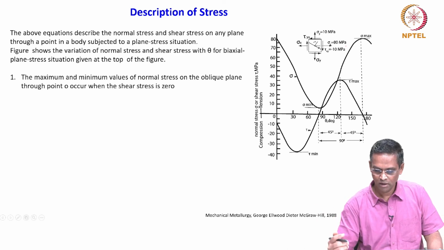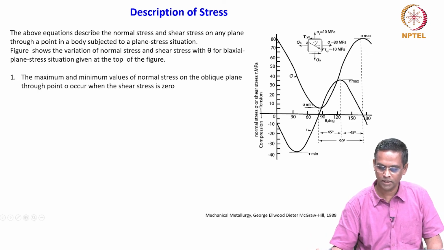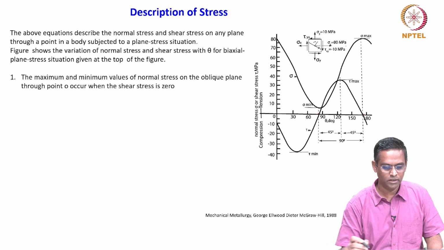What does it mean? What are we seeing here? Shear stress is 0 here, so this is where the maximum and minimum values of normal stress on an oblique plane occur. So, this is 0 and this is 0. That is what it says.